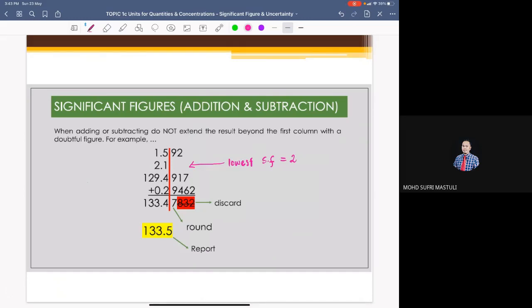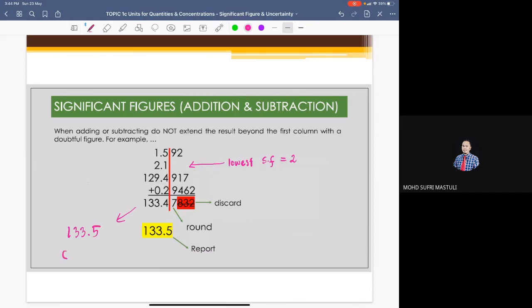Because the lowest is in 2.1, we write 133 point, and because it has only one decimal digit, we have to round off, so point 5.